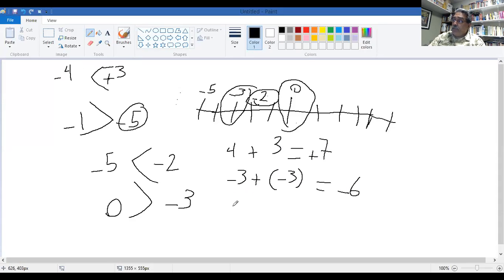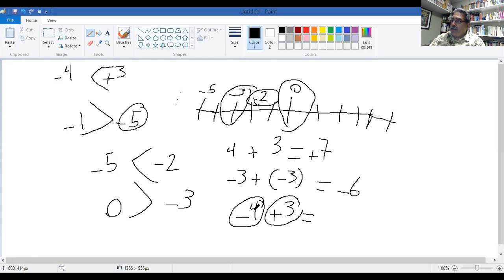If they have different signs, for example, if you're adding -4 plus +3, you look at the one with the greater absolute value.